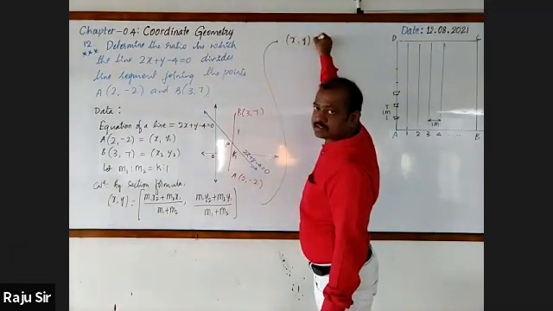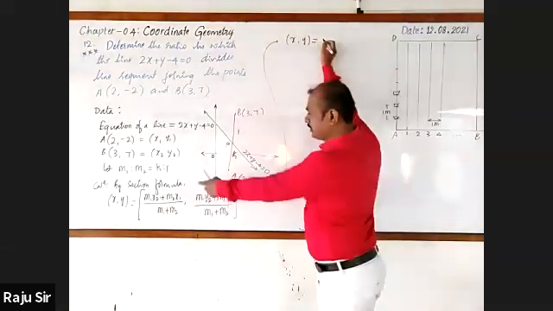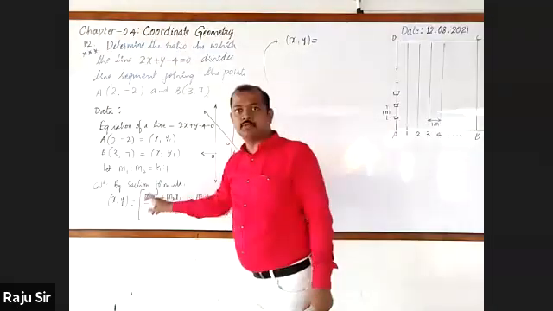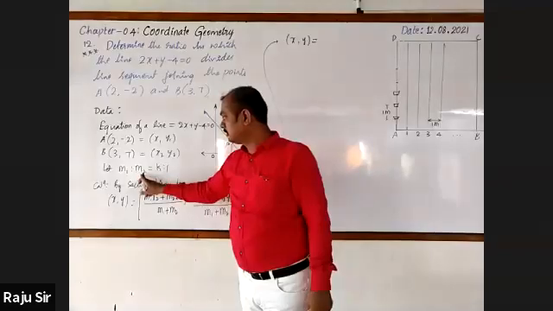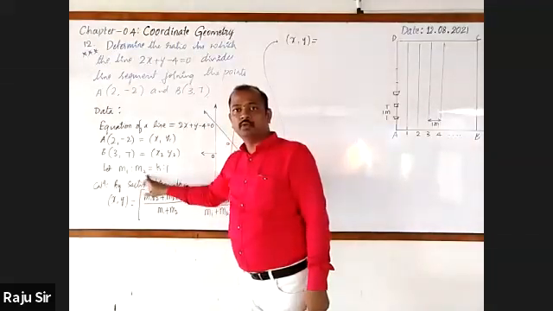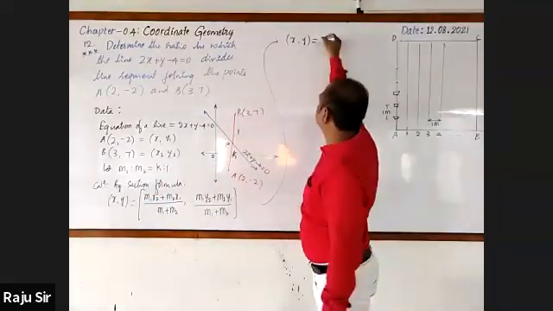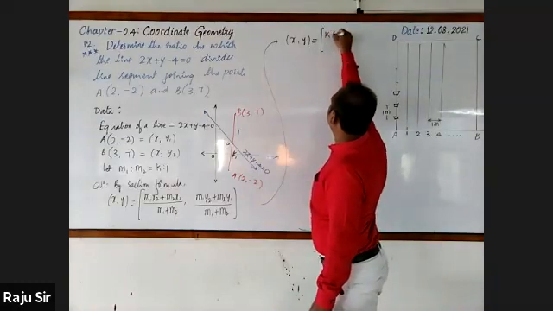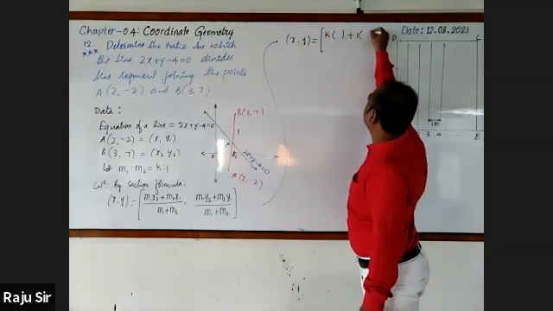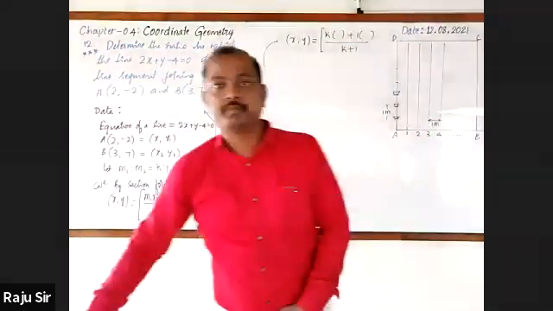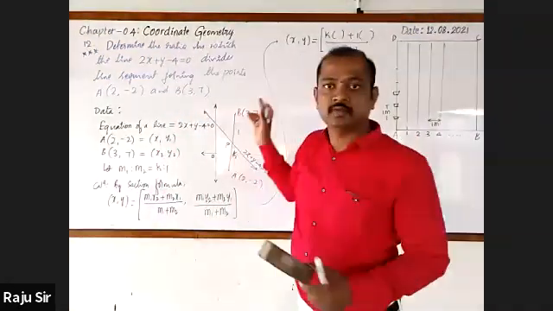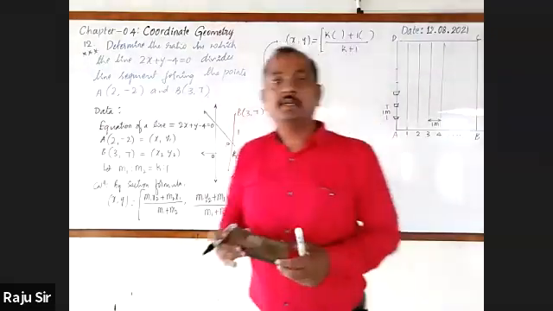We have to write this as it is, equal to. Now, let us go for substituting first. What is M1? K. M2? 1. K into x2 plus 1 into x1 by K plus 1. Are you following?